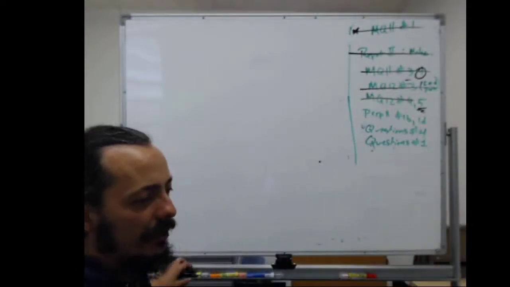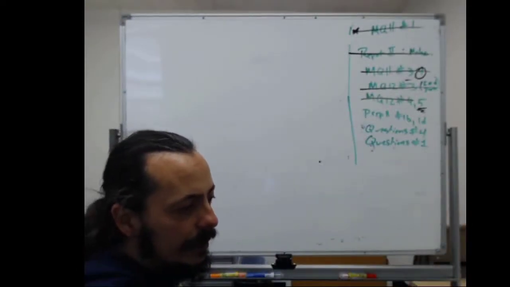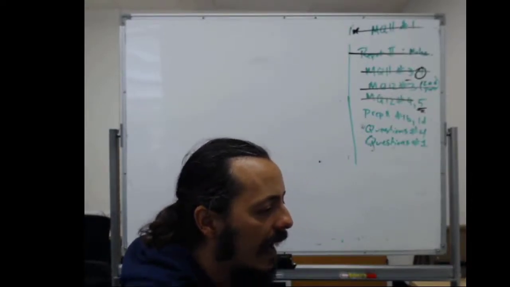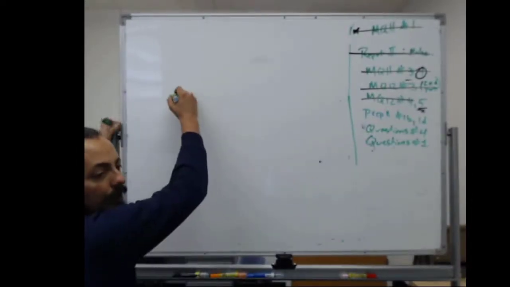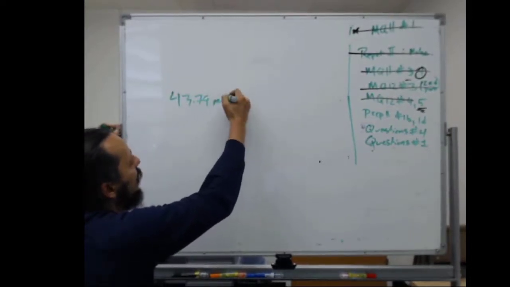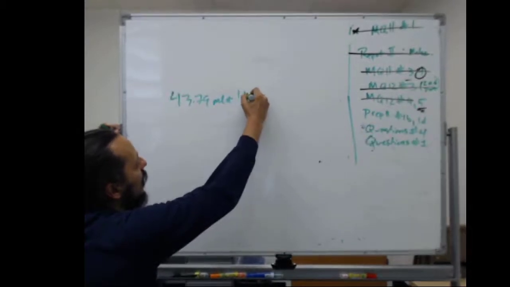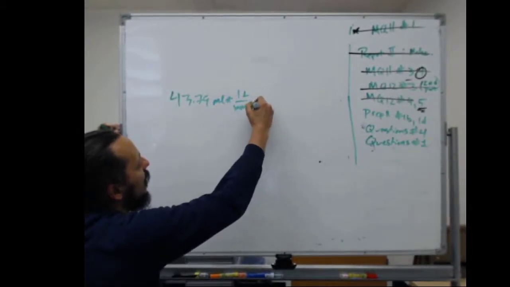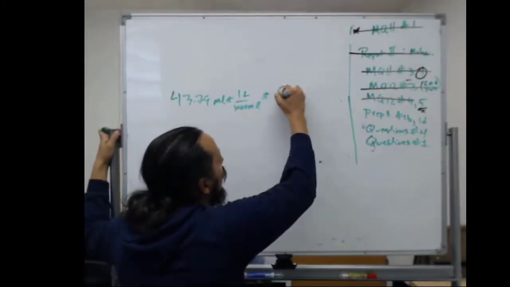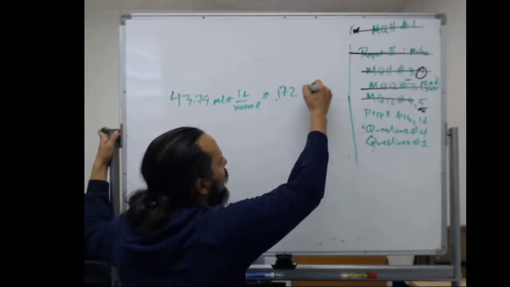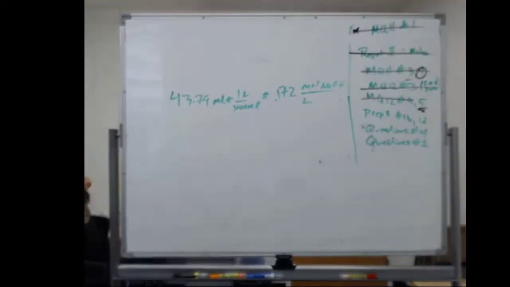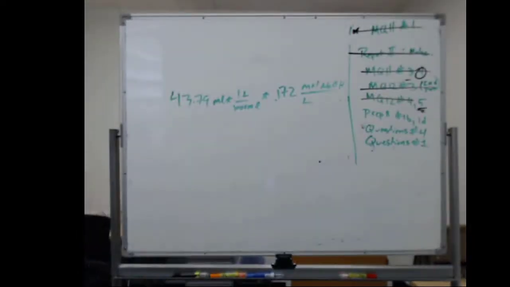Okay, so we start with a molarity of sodium hydroxide in a specific volume. We've got 43.79 milliliters times 1 liter per 1,000 milliliters times 0.172 moles per liter. That's going to be our concentration of sodium hydroxide.